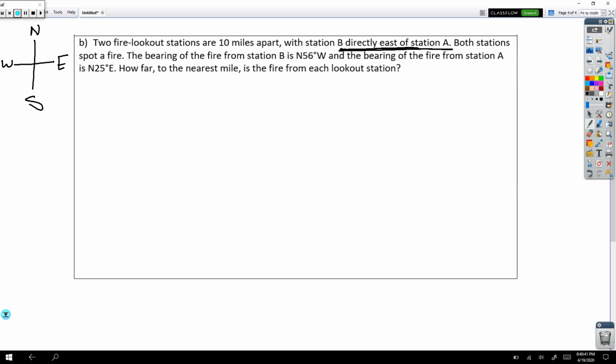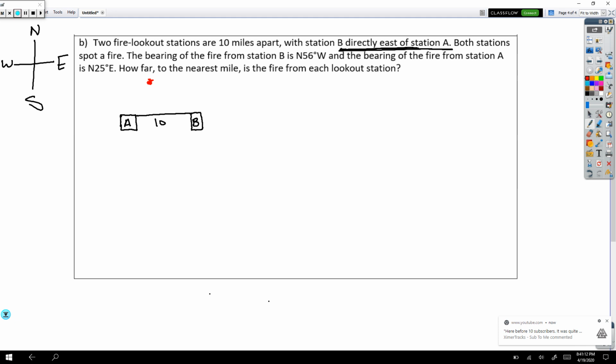So B is directly east of A. So if I think about drawing a picture here, here would be A. Directly east, so to the right, would be station B. And that is 10 miles apart. Now, both stations spot a fire. So we have a fire up here. Okay, so there's the fire.